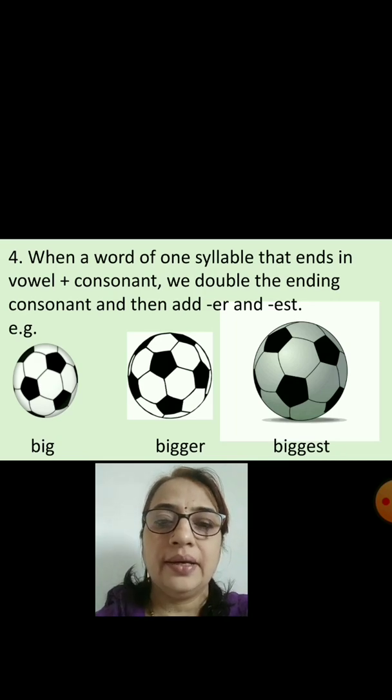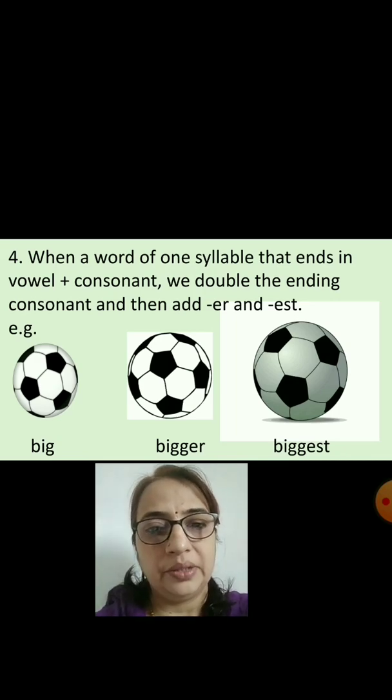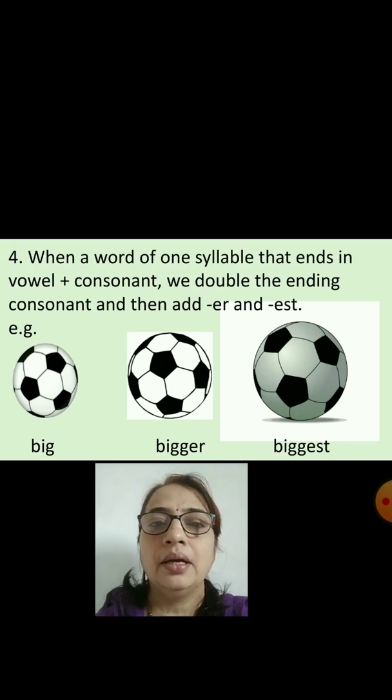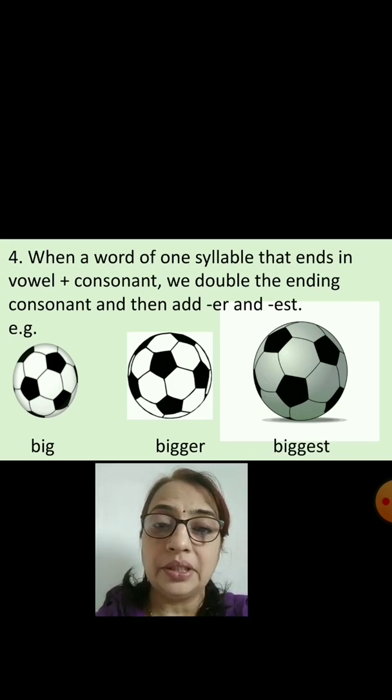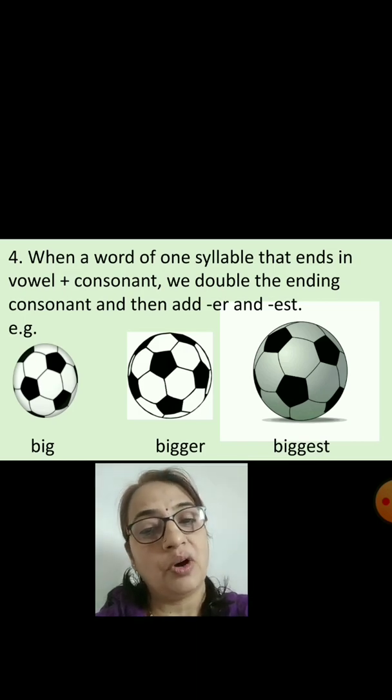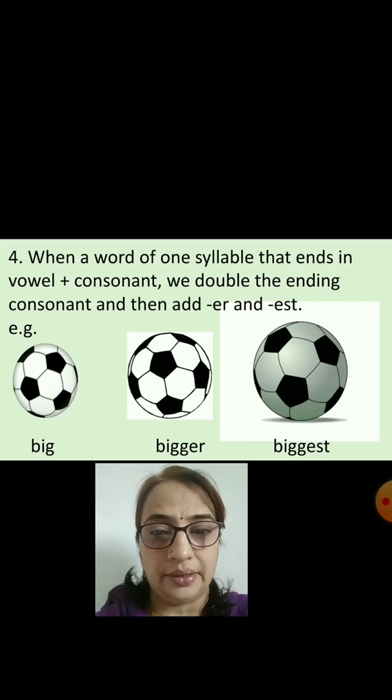And that is why when we change it into comparative degree, the spelling is BIGGER. We have doubled the ending consonant, double G. So remember here, the concept of vowel and consonant should be clear in your mind.